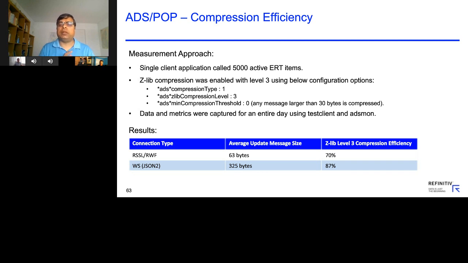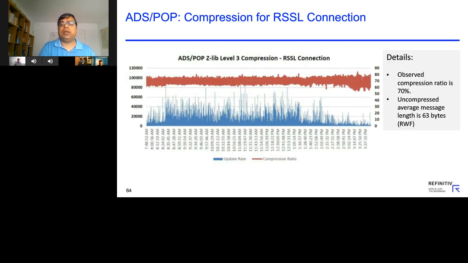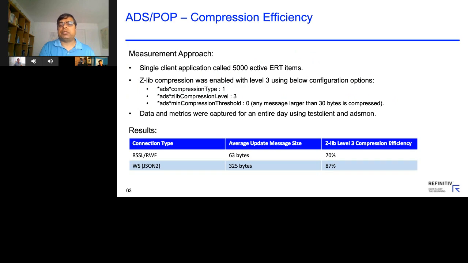So this particular test leveraged 5,000 active items from Electron Real-Time, and we ran the application to watch it throughout the day with a zlib compression level 3. So the results were showing a decent compression, about 70% with the RSSL and with the JSON, because it's ASCII, bigger message, 87% compression.